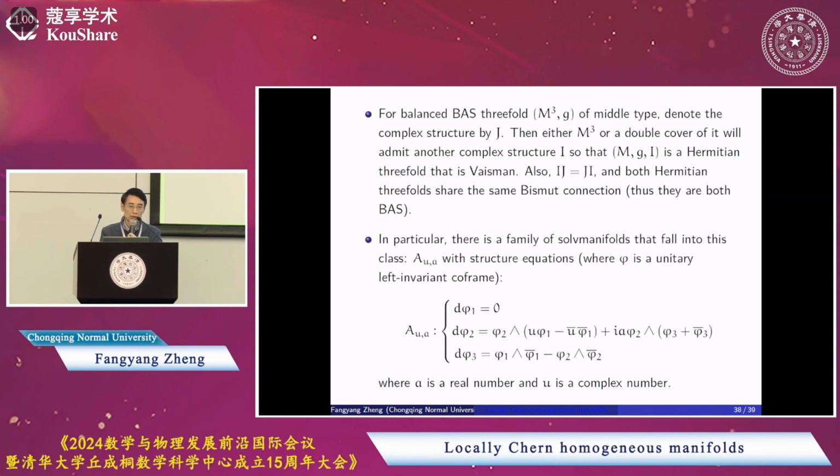Here I wrote down a specific soft manifold example. That's the middle type. This soft manifold has vanishing Chern-Ricci, but it's not Calabi-Yau type, in the sense that its canonical line bundle is not trivial. This is why the algebra people didn't discover it before.